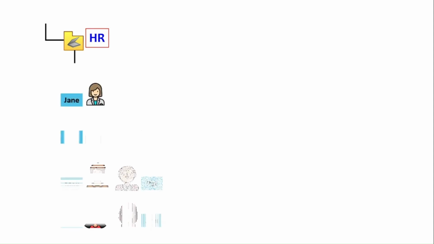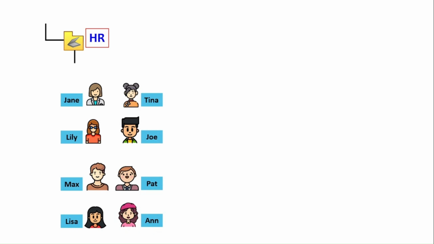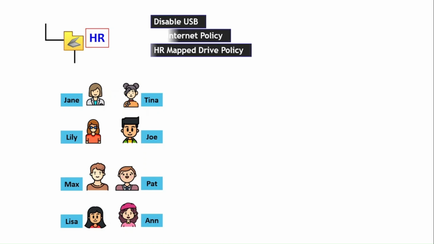We have an OU named HR, and we have several users who are members of this HR OU, and there are 3 policies: disable USB, HR internet policy, and HR mapped drive policy, which are linked or applied on the HR OU. So all the 8 HR users are affected by these 3 policies.